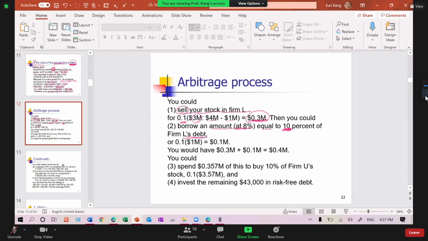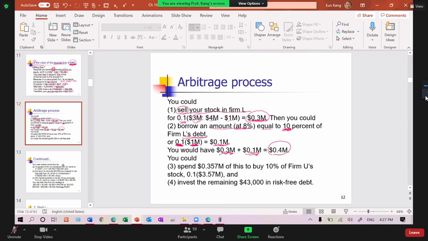Firm L's debt is 1 million, and you borrow the same proportion, 10%, because you have a 10% share of the company. So that is 0.1 million. Your total money is 0.3 million from the sale and 0.1 million from borrowing, in total 0.4 million.